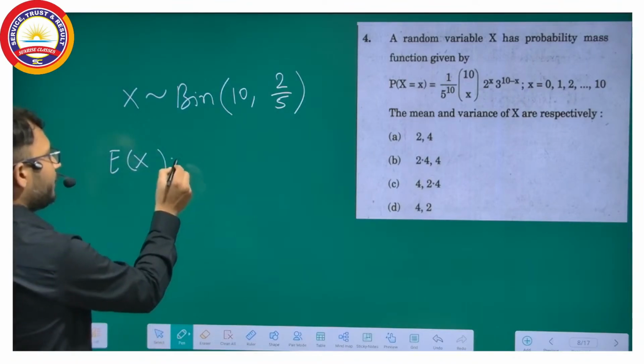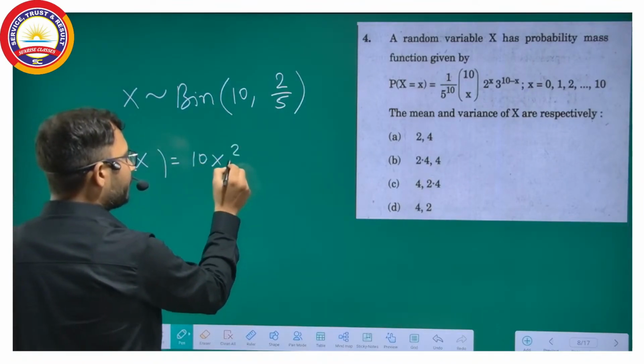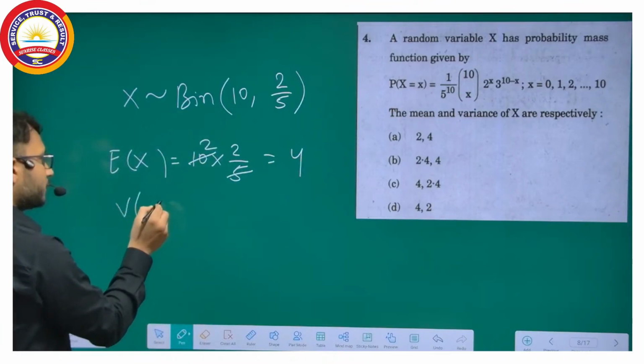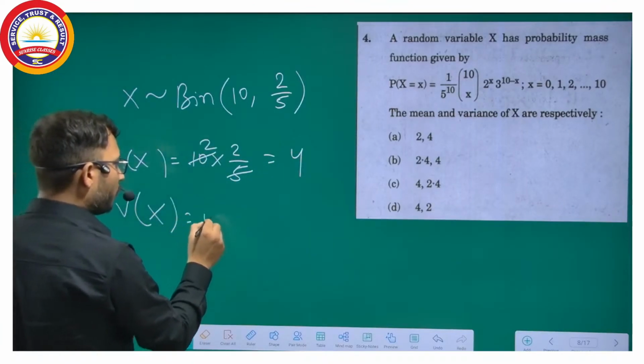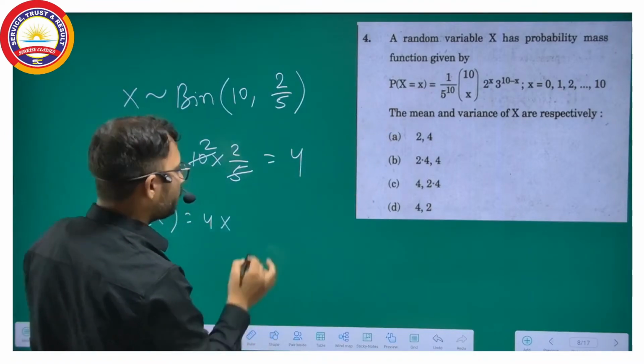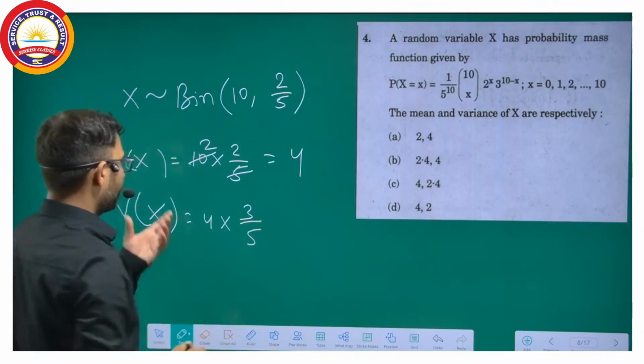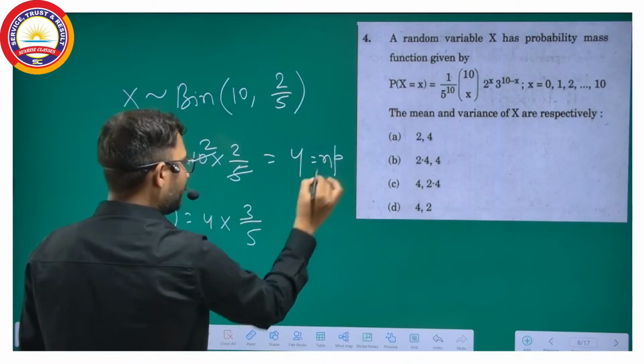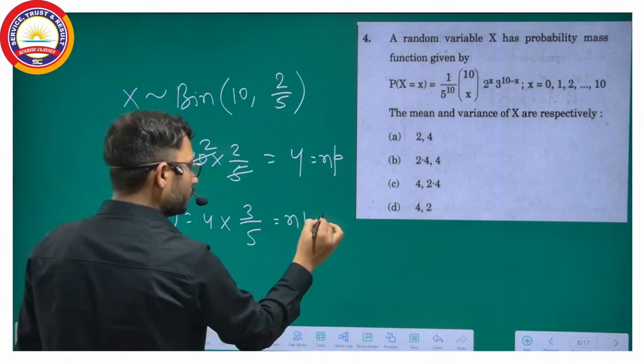So the mean will be 10 into 2 by 5, and it will be 4, and the variance of X will be, sir, 4 into 3 by 5, q. This is np, and this is npq.